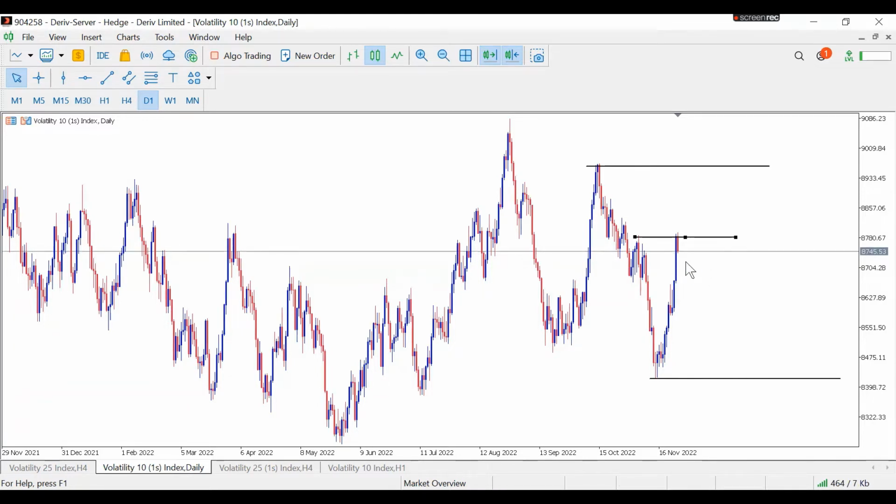All right, so as you can see, this is a very drastic movement to the downside, the market coming from here to this point. It was indeed a continuation because the bearish movement had started from this point here.